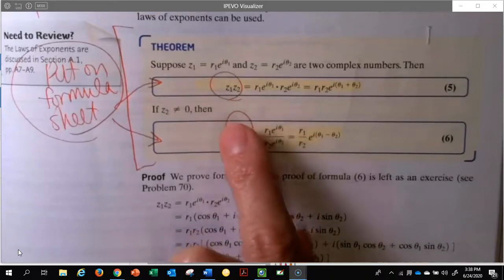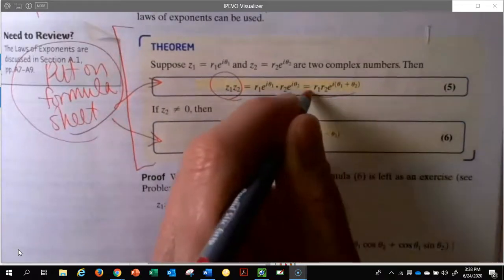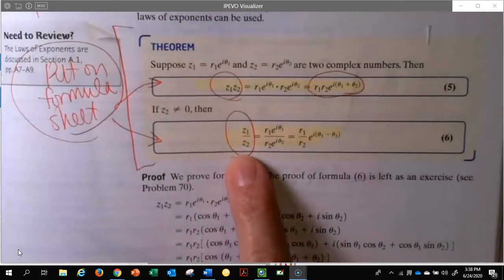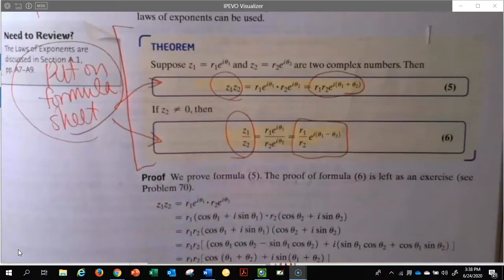My suggestion is that you put the product of z sub 1 and z sub 2, and put that as what you do to get the product. Here you have the quotient between the two complex numbers. I think you should write this part on your formula card, of what to do when you have a quotient of two complex numbers.